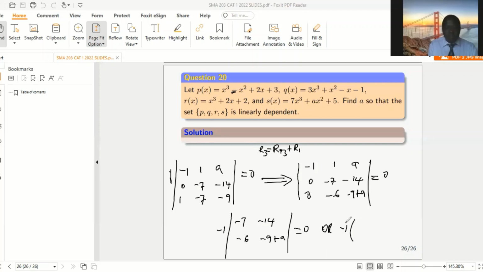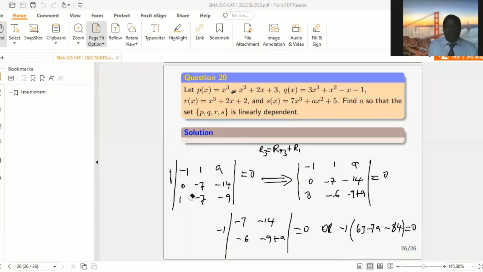So it's negative 1 into, multiply this, you have 63 positive, and that is negative 7A. Just multiply, I'm getting the determinant. And this would be 84, minus 84, is equals to 0.